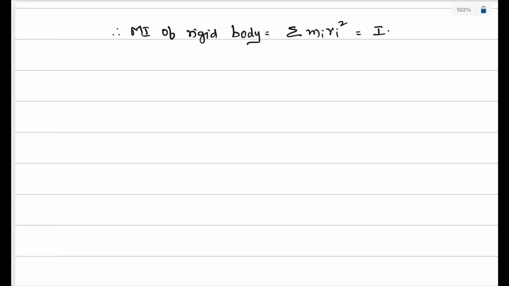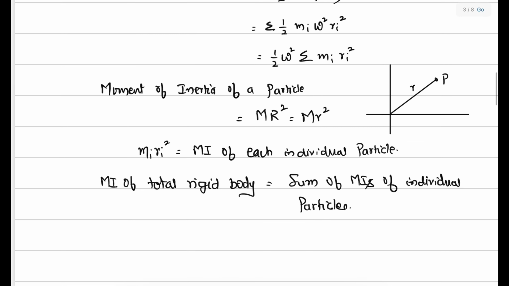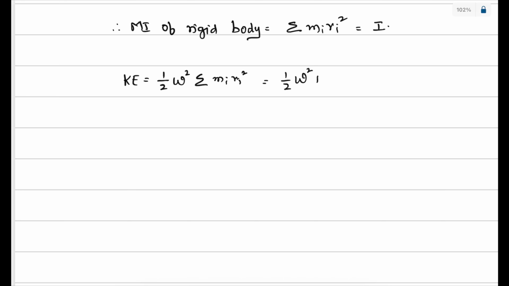Hence, kinetic energy, what we have derived just now, is equal to half omega square sigma m_i r_i square. That is equal to half omega square into I, that is equal to half I omega square.